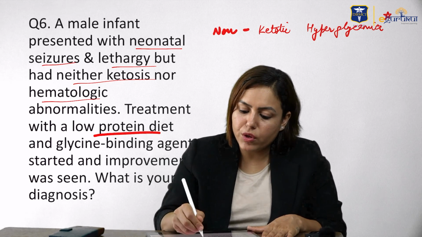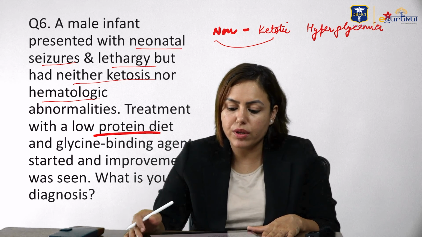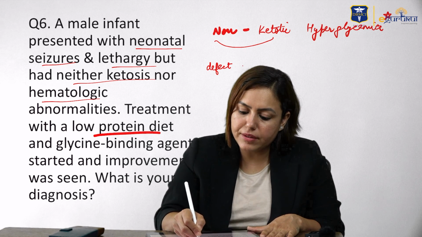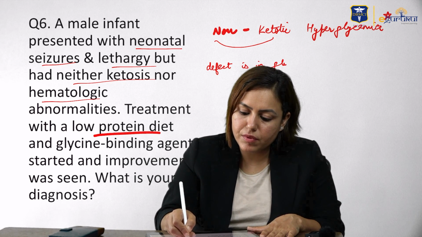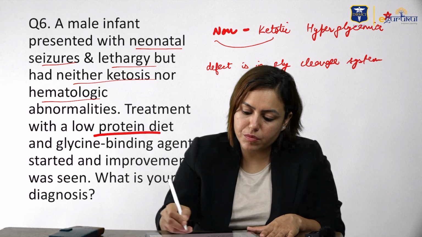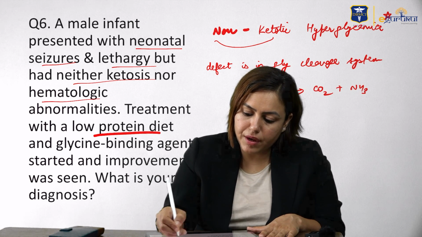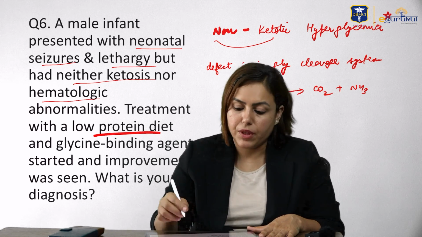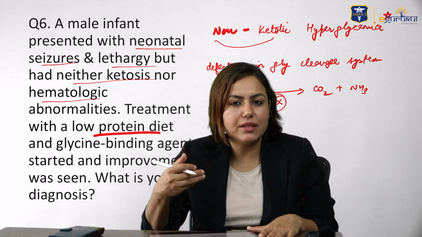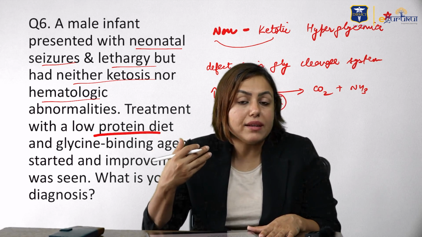So see this non-ketotic, so the name of the disease is telling you there is no ketosis, right? Non-ketotic hyperglycinemia. Now here the defect is in glycine cleavage system. In body, glycine cleavage system is there, which will break down glycine into carbon dioxide and ammonia. This is not occurring. So glycine will be increased. Glycine is getting formed in body also, glycine is coming in diet also, and glycine is not broken down.